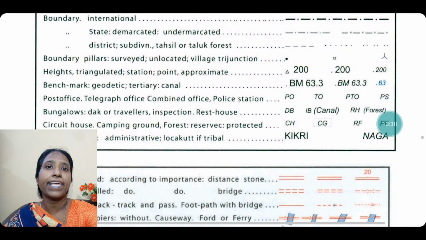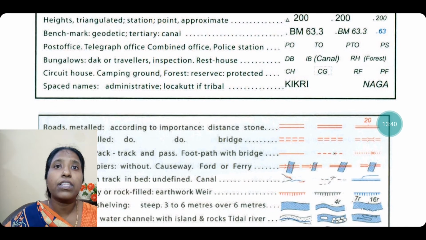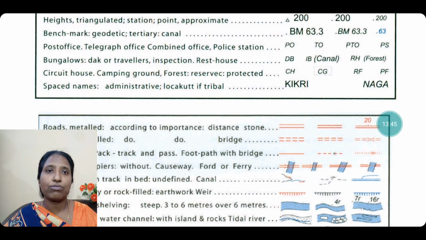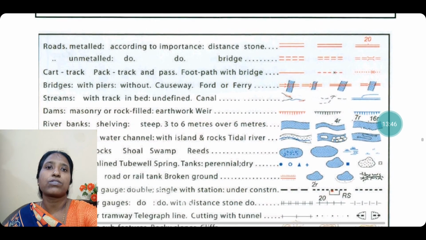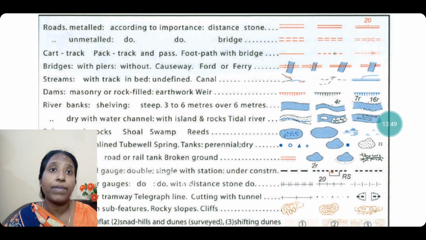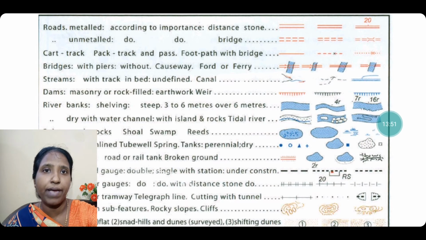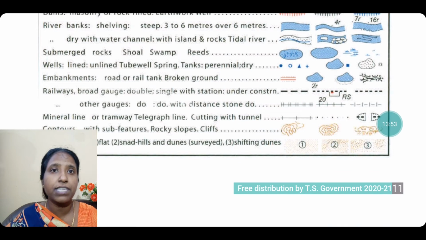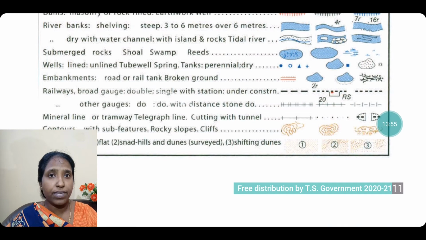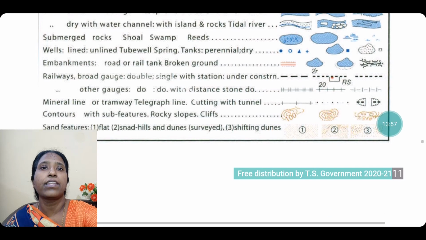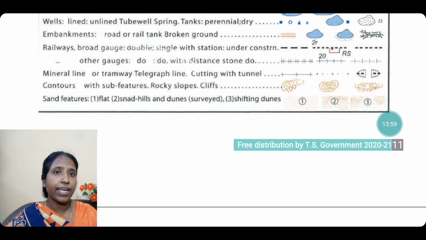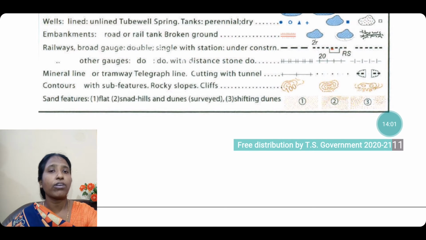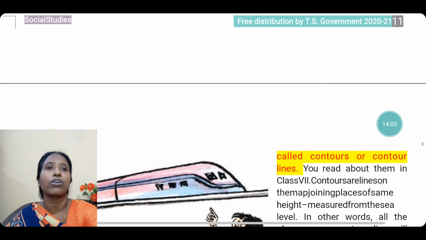And the mines, and also you can see the post office, PO, TO, and all these are symbols used to represent the things on the map. And roads, metalled roads, and then river banks, dams, streams, railways, how they represent the railways. And then you can see the mineral line or tramway, telegraph line, all these, how they are represented on the maps.